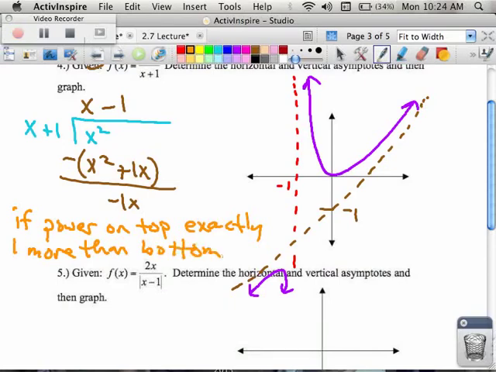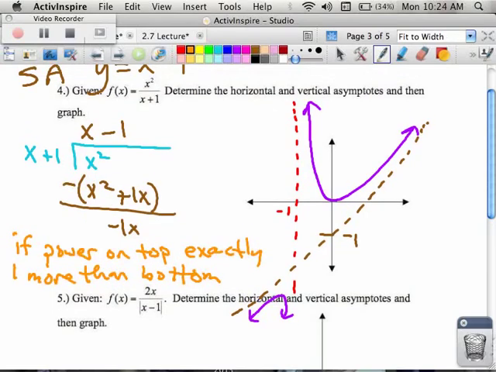So if you look at the original problem, on the top we have an x squared, and on the bottom we have an x. X squared has a power of 2, x has a power of 1. There's exactly 1 more on the top than the bottom, 2 versus 1.